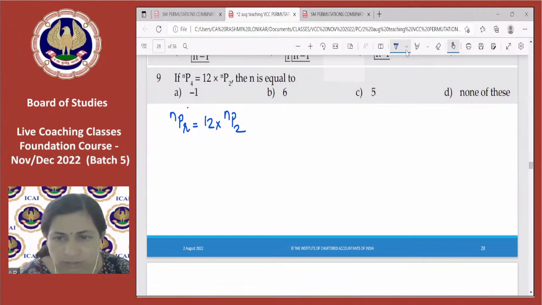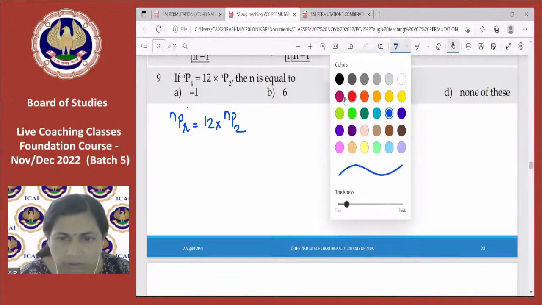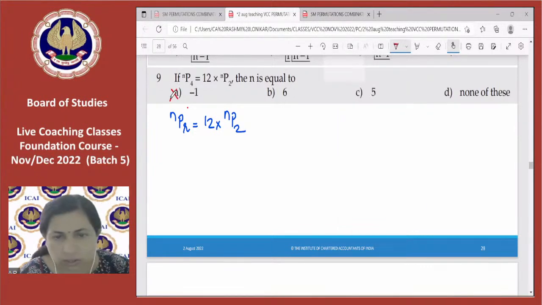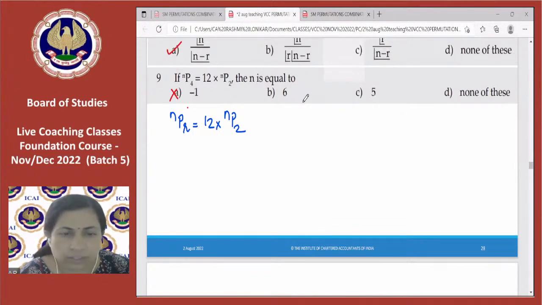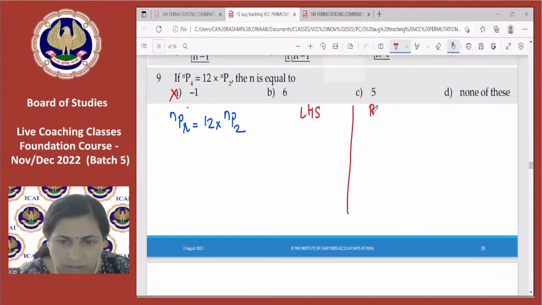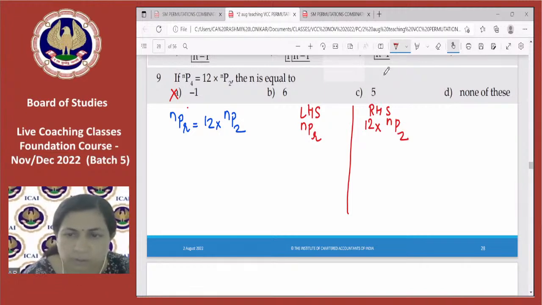So they should satisfy both. Now first, this is not an option at all. Now I have option 6 and option 5. So I will take LHS and solve for RHS. What is my LHS? NPR. What is my RHS? 12 into NP2.